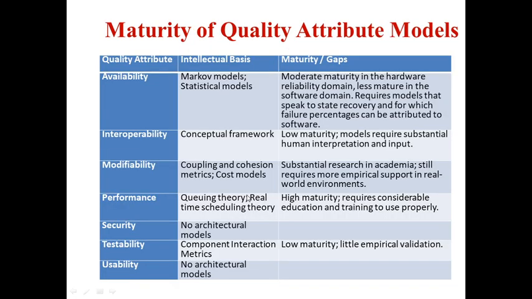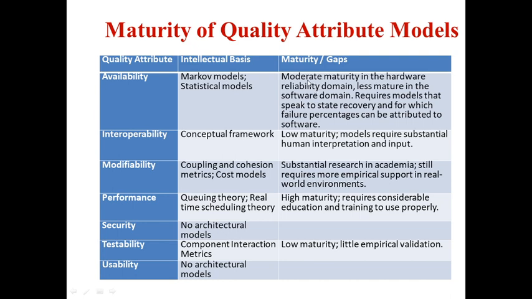Next one is the maturity of quality attribute models. What is this maturity? Maturity tells us that a particular model could have been built with a lot of mistakes, right? So that is the quality attribute, intellectual basis, maturity or gaps. So first, availability: the intellectual basis means it can use either Markov models or statistical models. By using this, how it can be matured means how it can be used.